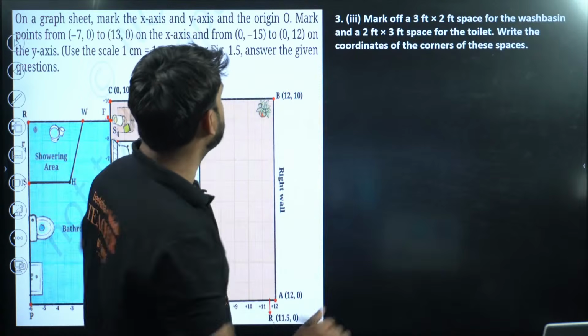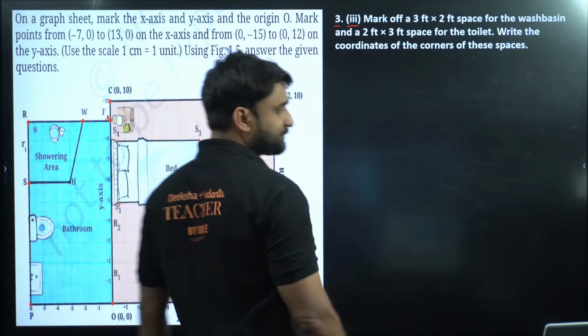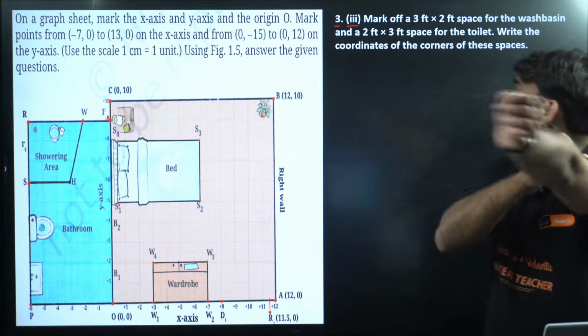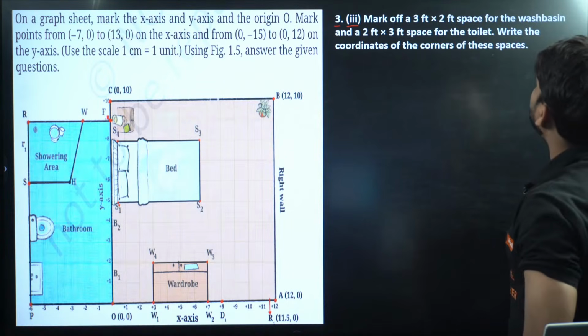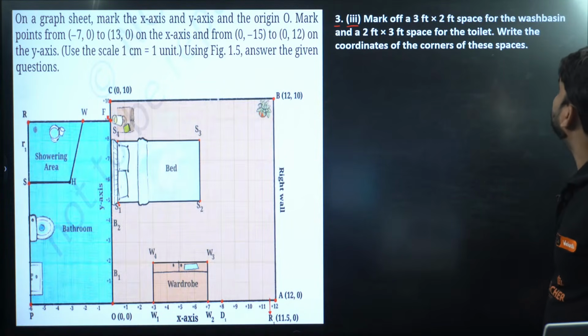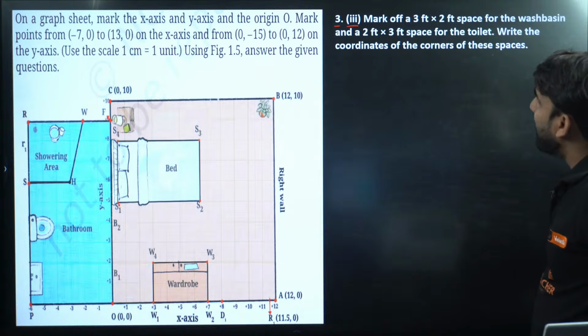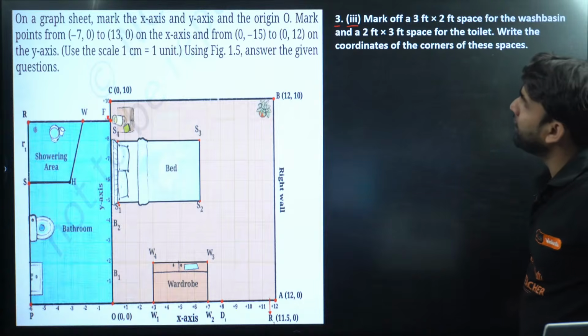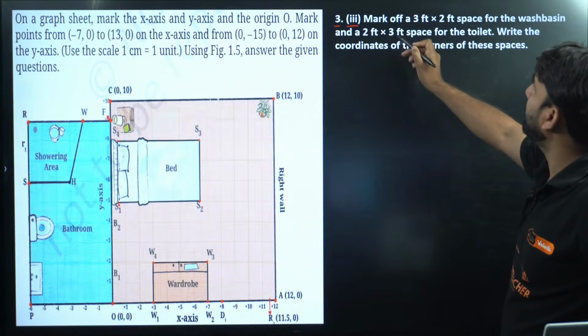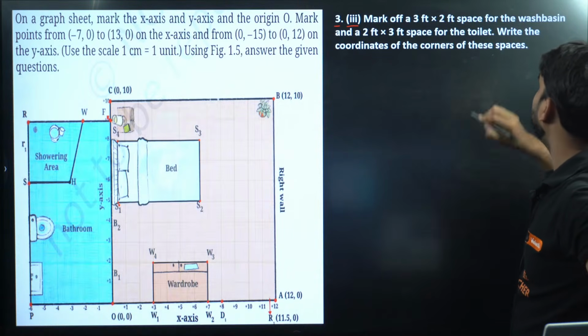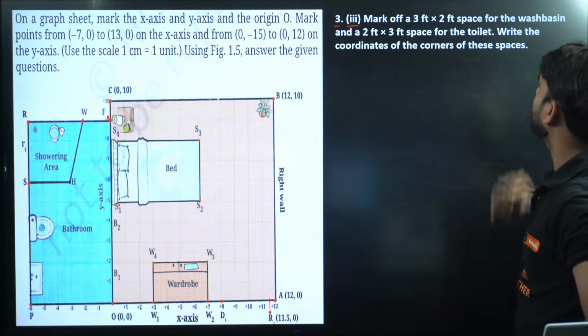Question number three. Mark off a 3 foot by 2 foot space for the wash basin and a 2 foot by 3 foot space for the toilet. Write the coordinates of the corners of these spaces.